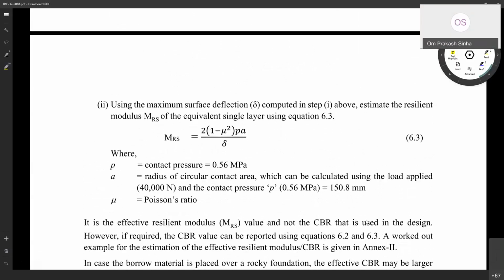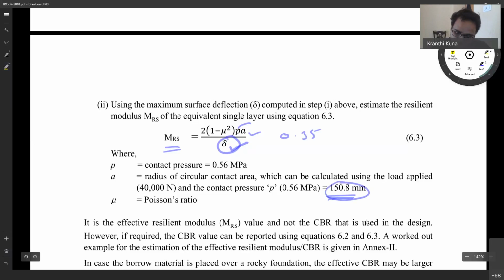So we found the deflection value. From the analysis we have a p value, which is a contact pressure of 0.5, and a radius of contact area. If you calculate the contact area radius, you get 150 mm, and a Poisson ratio of 0.35, then you can calculate the MR value from this equation.